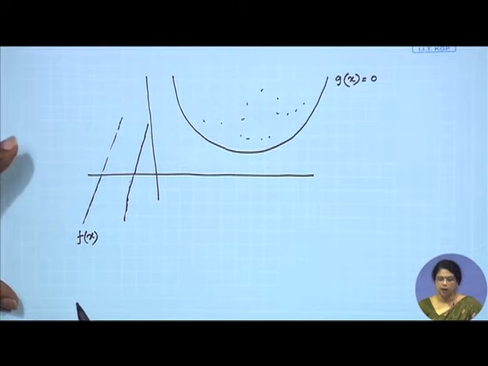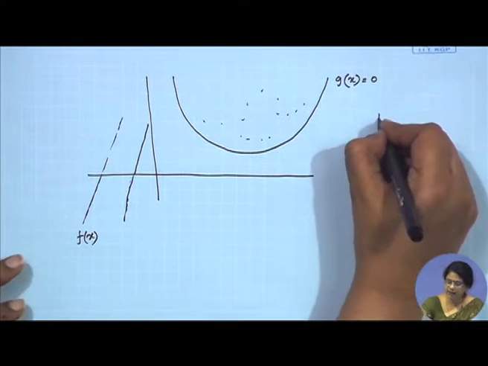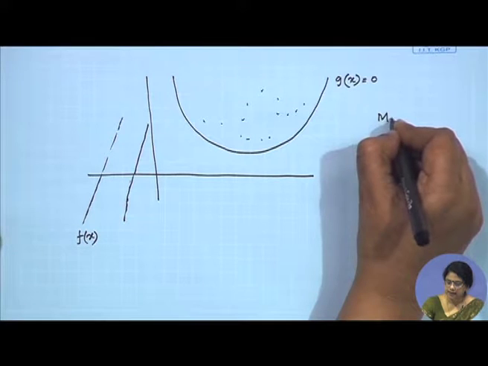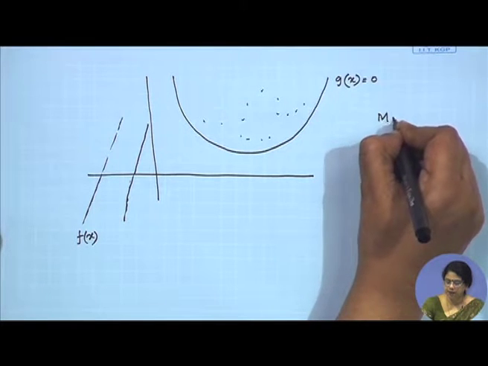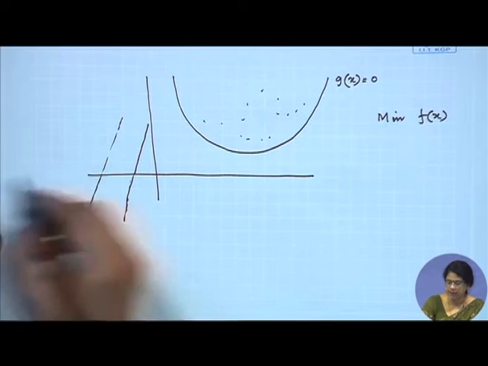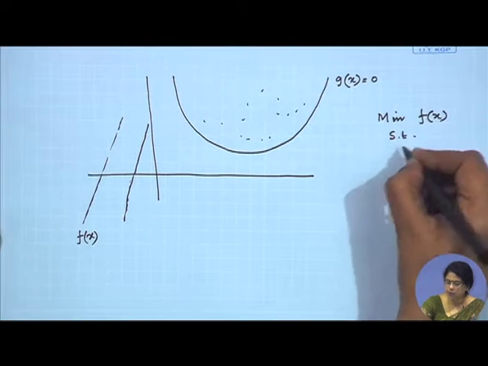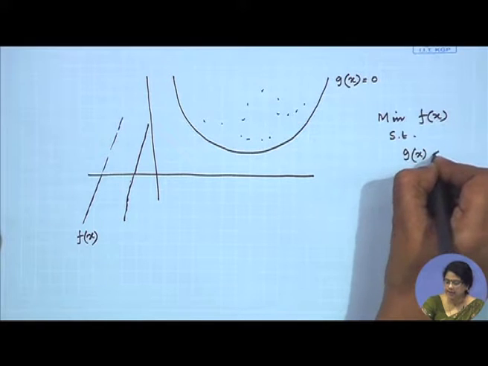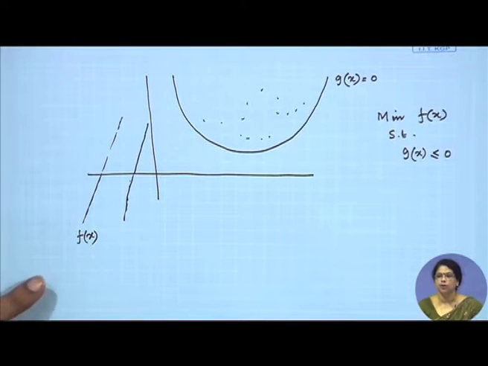We have the minimization of f(x), which is a linear function, subject to g(x) less than or equal to 0. This is the only thing given.